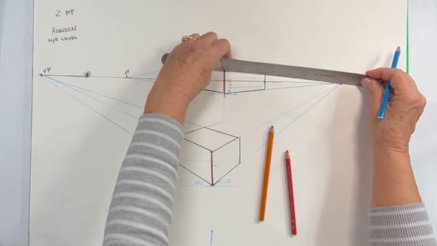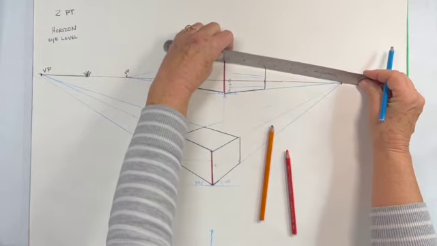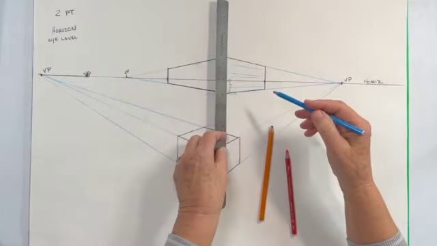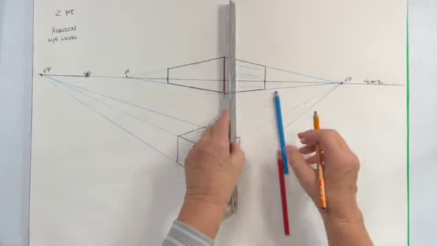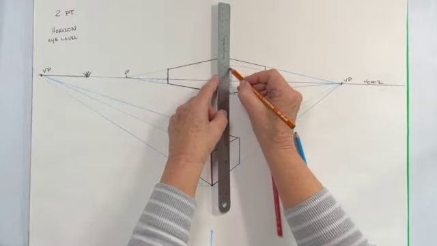I'm going to put another row of windows here. And of course, you're measuring the height of the windows here in comparison to your primary corner. But I just wanted to show you quickly.